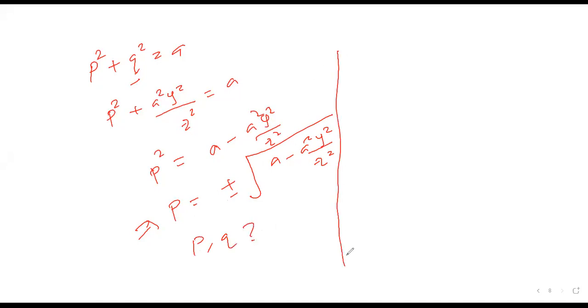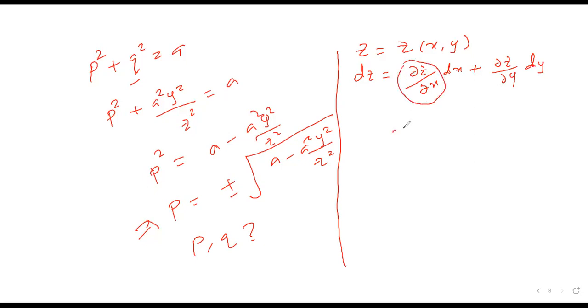Now our next step is to find some relation for z. We are taking z as a function of x and y, so of course our total differential will be dz equals partial z over partial x dx plus partial z over partial y dy.